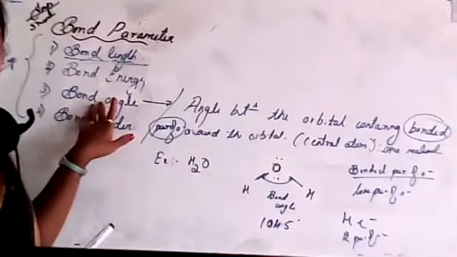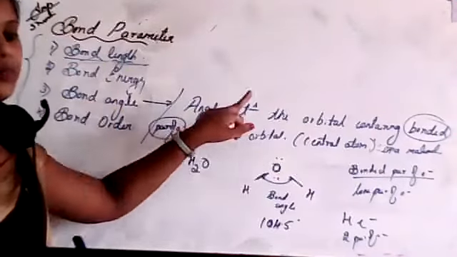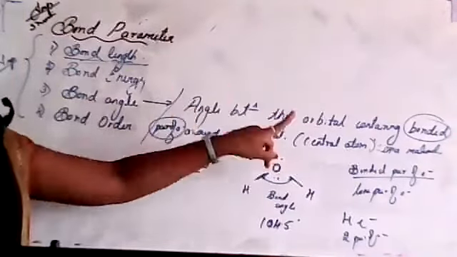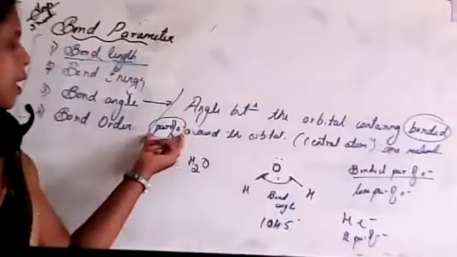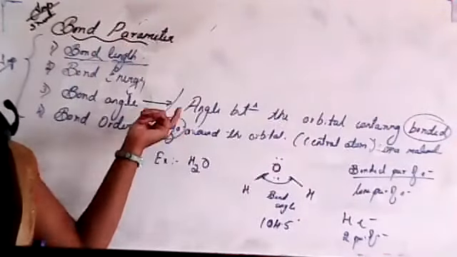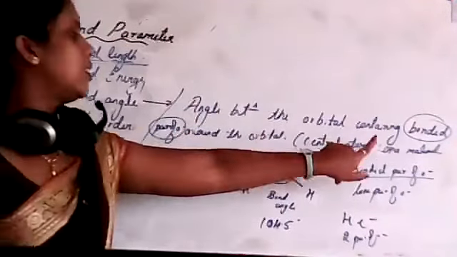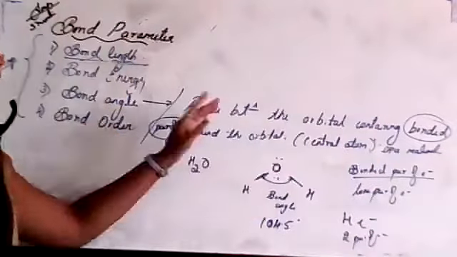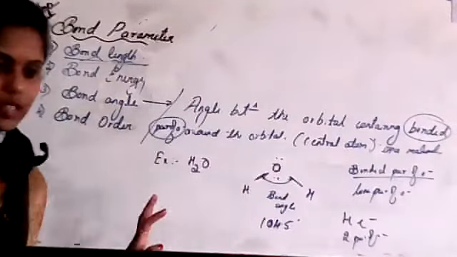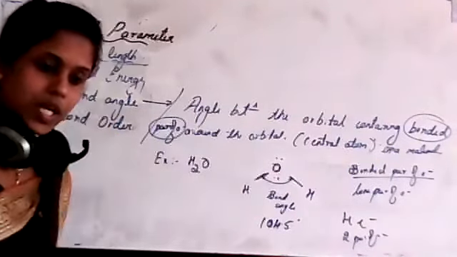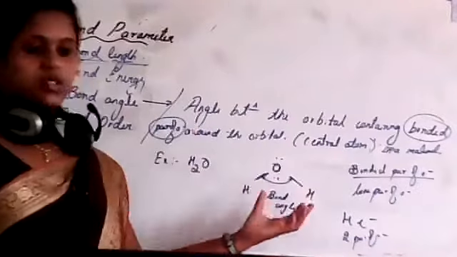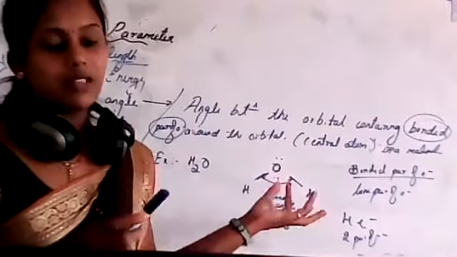Is this clear? So this is about bond angle. The angle between the orbitals containing bonded pairs of electrons around the central atom in a molecule is known as bond angle. In detail we'll study this in VSEPR theory.